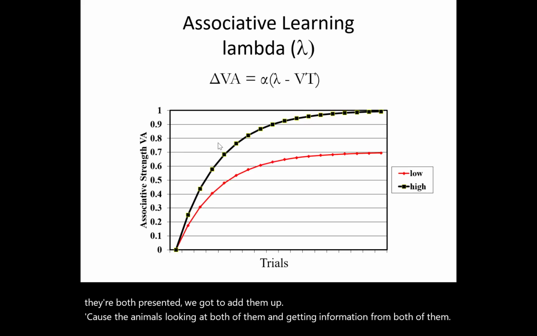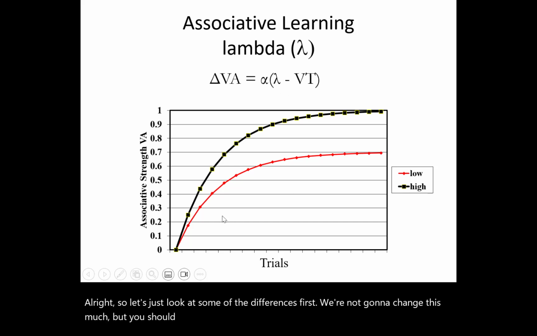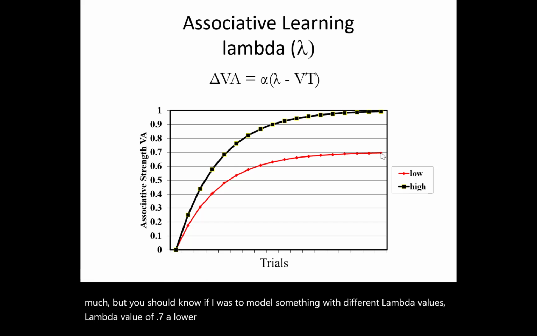All right. So let's just look at some of the differences. First, we're not going to change this much, but you should know. If I was to model something with different lambda values, a lambda value of 0.7, a lower one, maybe it's not as intense a shock, maybe it's not as high a sugar content for honeybees.